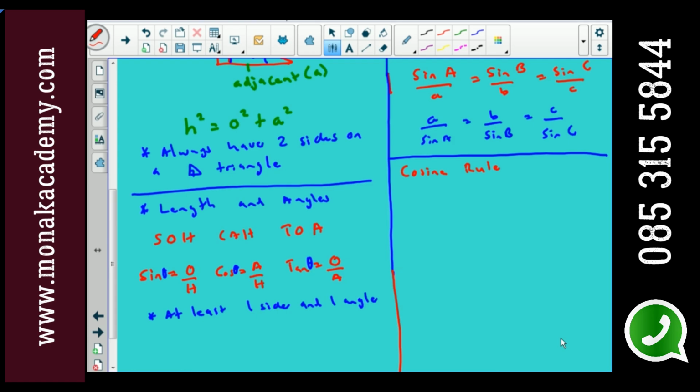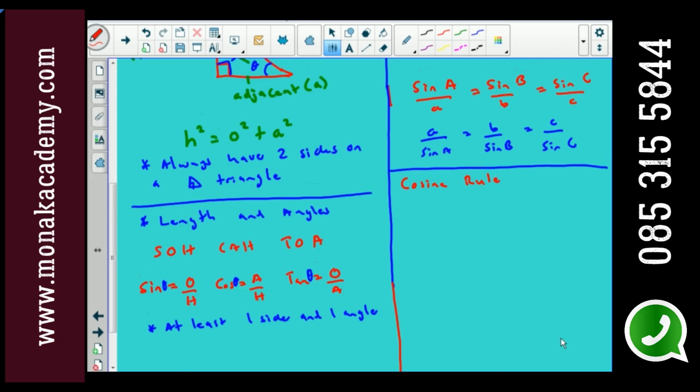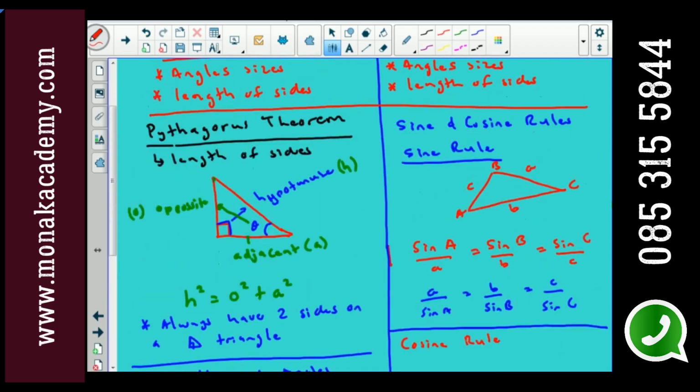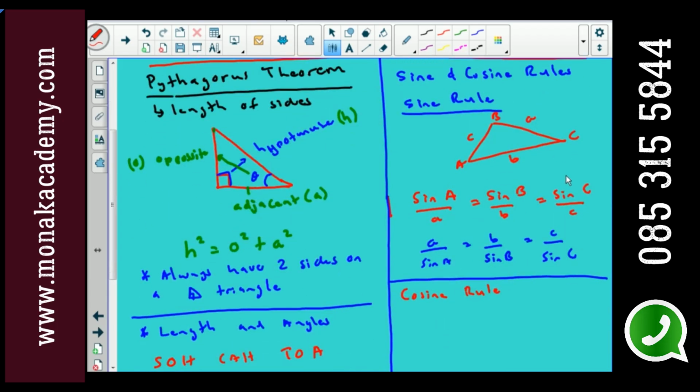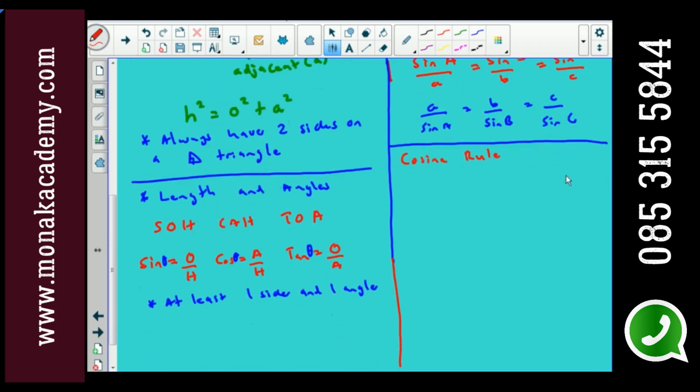Now, how about when it comes to the cosine rule? Okay, so the cosine rule, it's also to calculate the length as well as the angles. So what does the cosine rule say? We will draw our triangle again as it was, the one where there is no 90 degrees.